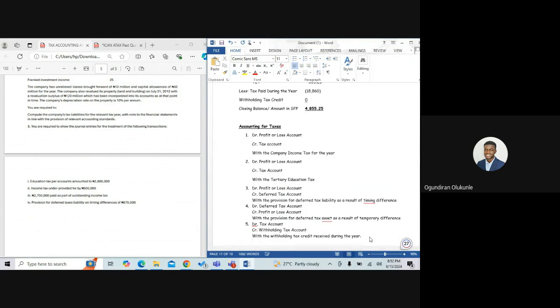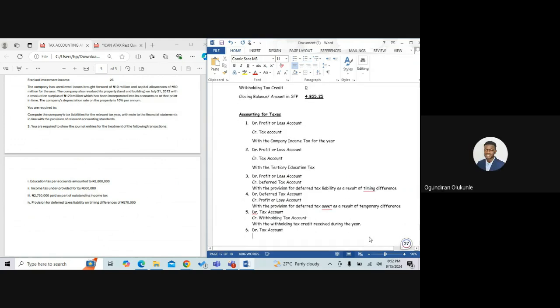If you have number 6, debit profit or loss, and then credit tax account with the income tax under provision for the prior year.